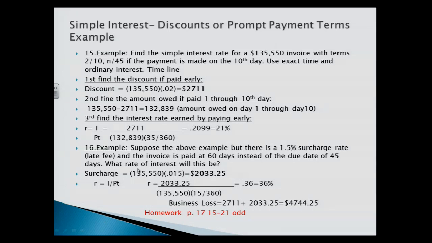So if I paid it on day 60 instead of day 45, I paid it 15 days late over 360. I'm back to the original principal that I should have paid. And the interest I was charged was $135,550 times the 1.5%, or $2,033.25. So the interest rate I actually paid was 36%.